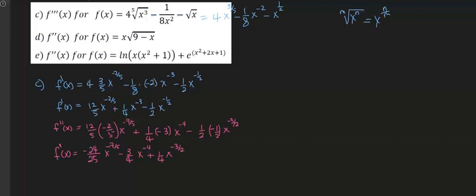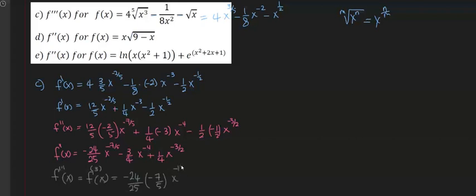That's the second derivative. Let's derive the third, f triple prime, or we might rewrite it as f with the power 3 inside the brackets. The derivative now is going to be exactly the same, where we are going to drop the power we found in the second derivative and subtract 1.